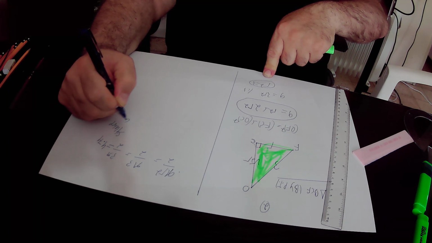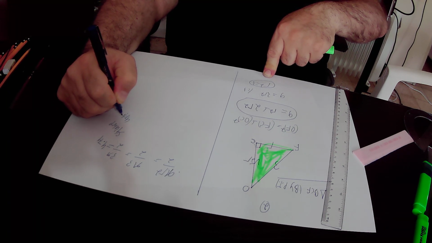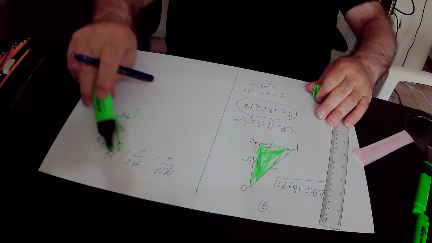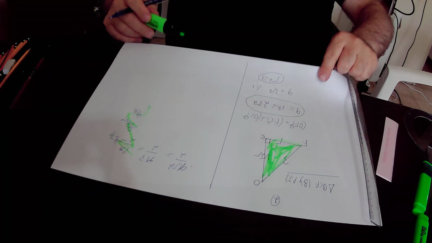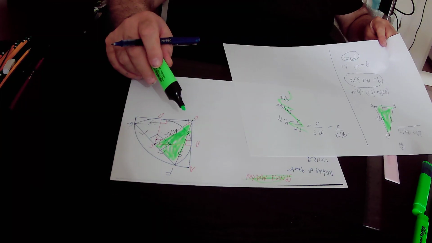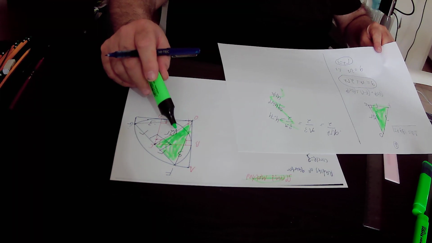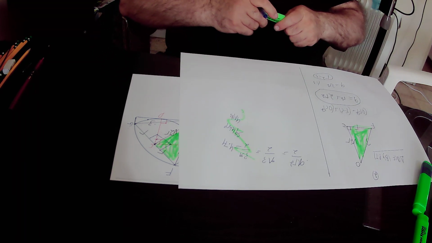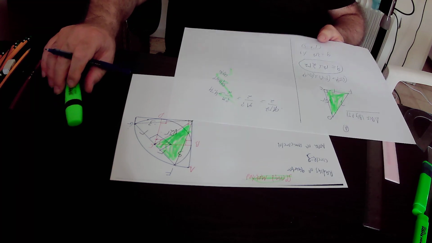Okay? So the area of the semicircle equals 3 pi over 2 square units. We finished with the first question.